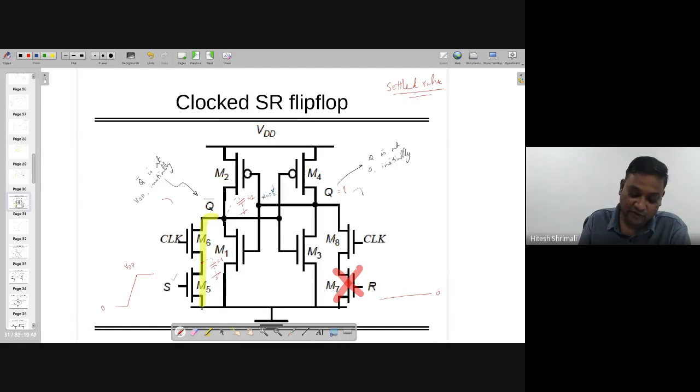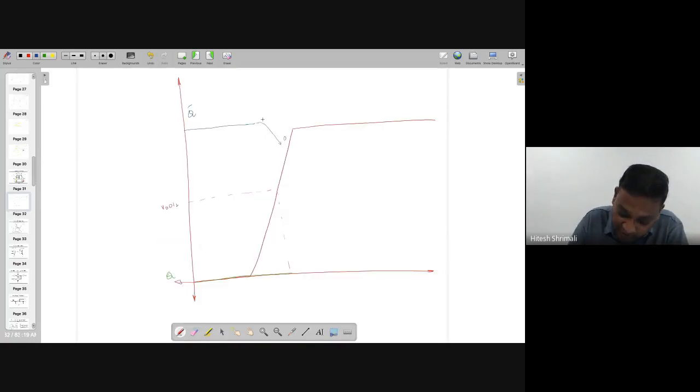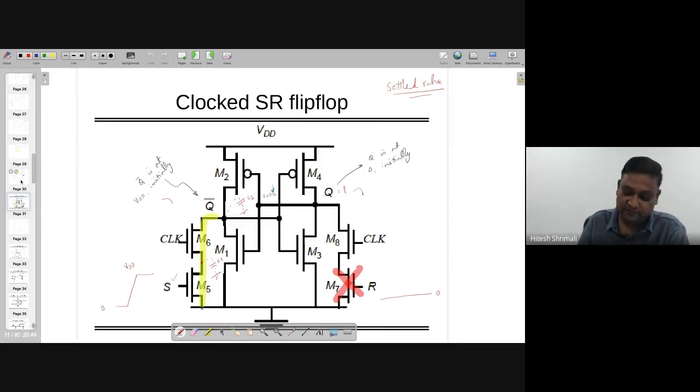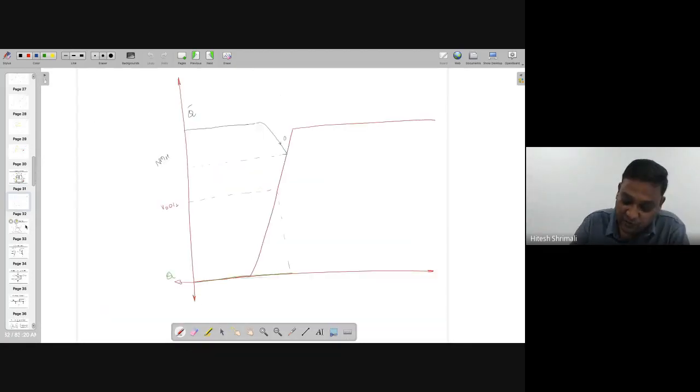Because if you are going from VDD to some value which qualifies as a noise margin high, till that time Q remains at 0. It's not going to change. Even this value reflects Q as 0 because there is an inverter, but it will start moving when I'm going into a region near VDD by 2, when this is going to start a little bit upside.